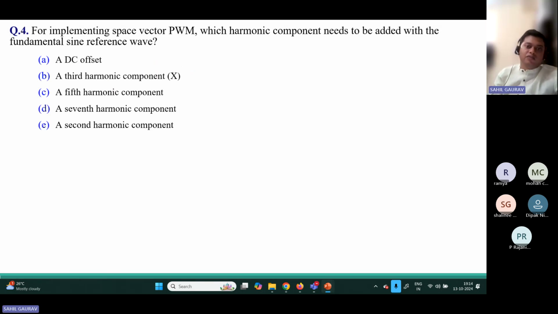And the next question, for implementing a space vector PWM, which harmonic component needs to be added with the fundamental sine reference wave? The options are a DC offset, a third harmonic component, a fifth harmonic component, a seventh harmonic component, a second harmonic component. You can type your answer in the chat box.